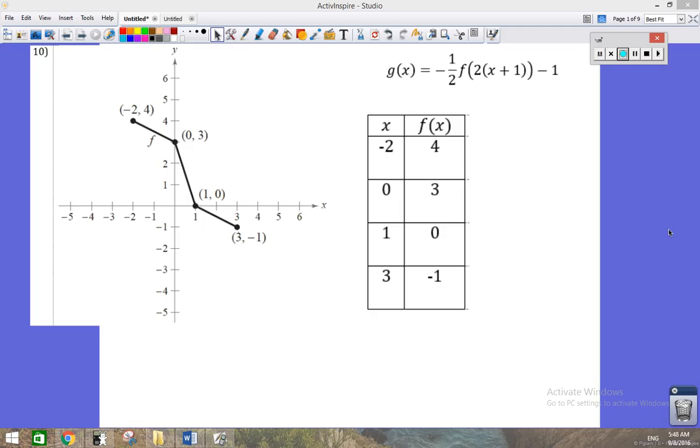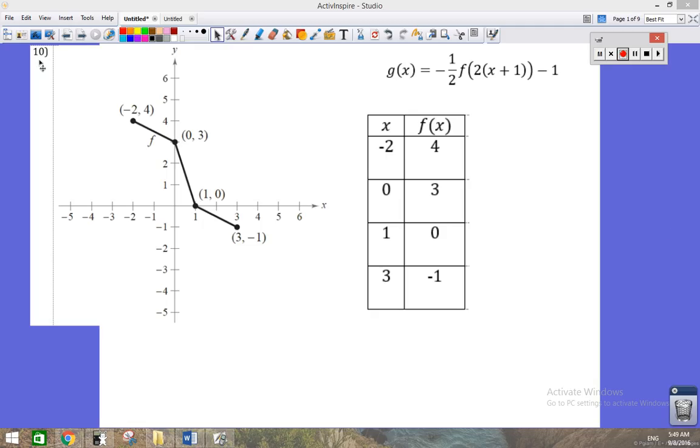Then the last two steps in order: we'll do vertical compressions, which means vertical stretches or vertical shrinks, and also include reflections across the x-axis in step 3. In step 4, we'll do our vertical shifts up or down, and you have those in the notes.